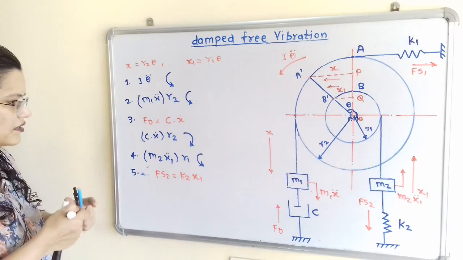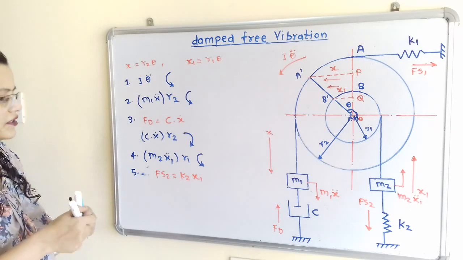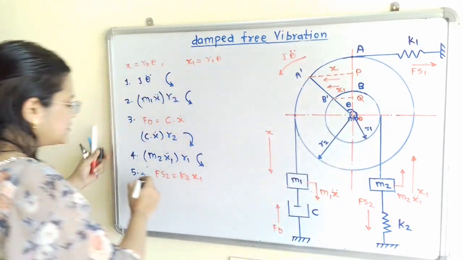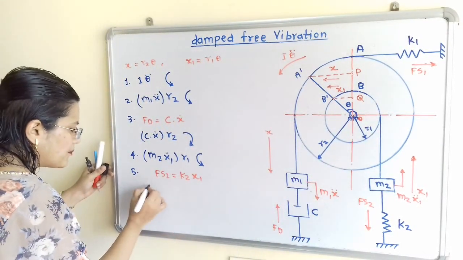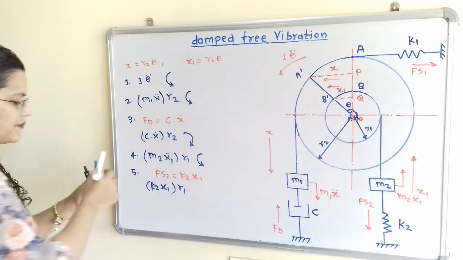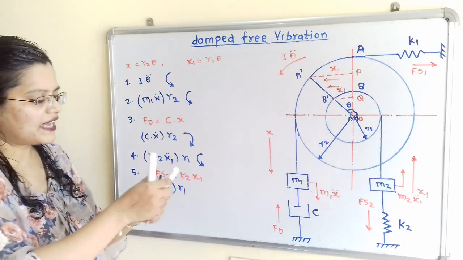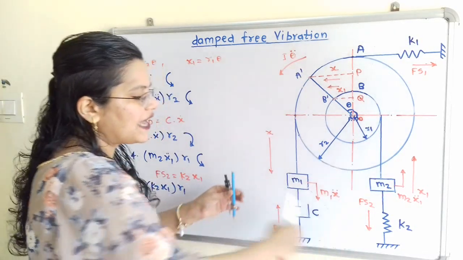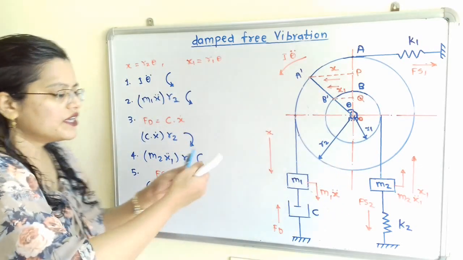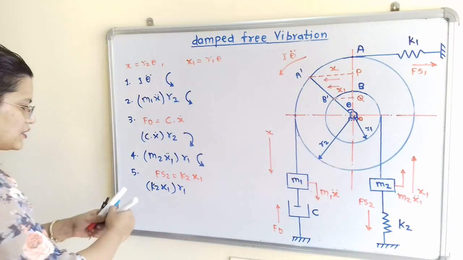Now here, how to find out the couple? So this force multiplied by perpendicular distance r1. So we will say here the couple is K2 x1 multiplied by r1. Now we have to decide its direction. So Fs2 is having downward direction. I will move the compass in the downward direction. We will get the clockwise direction.